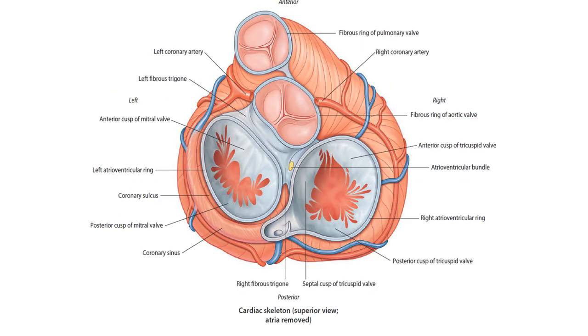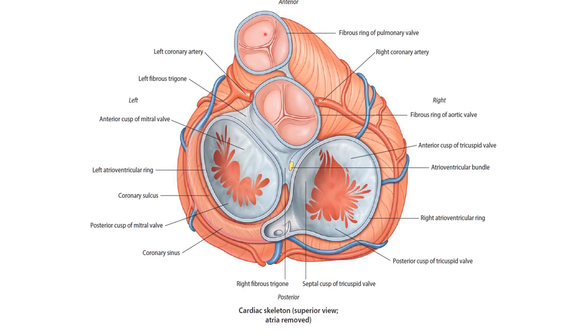Let's go and see. This is the superior view of the cut section just above the heart. You can see some of the atria have been removed here. This is the pulmonary trunk, and this is the aorta. Now you can see the aortic valve and the pulmonary valve.